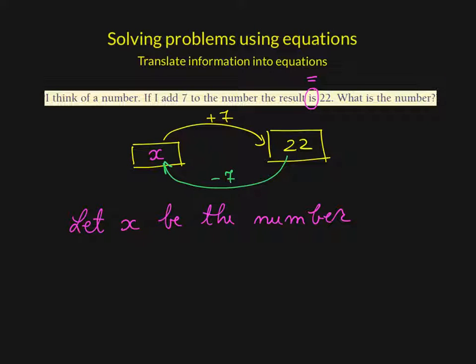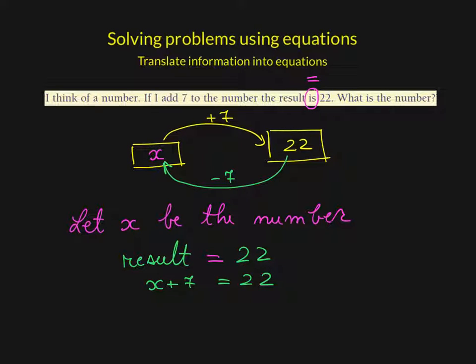Is means equal. My equation is: result is 22. What is the result? I add x plus 7. So x plus 7 is 22.